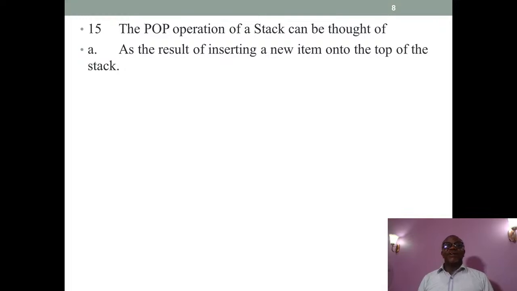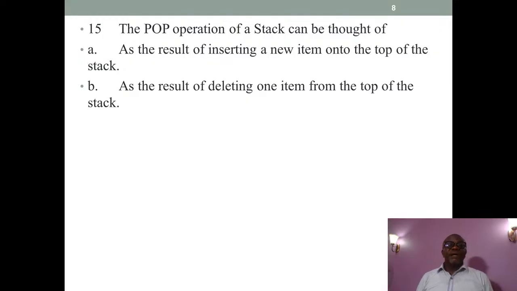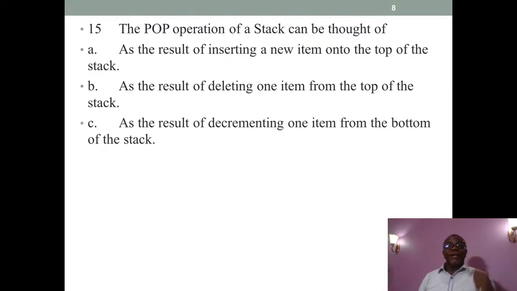Now, the pop operation of a stack can be thought of as a result of inserting a new item on top of the stack. What we said is for push. B, as a result of deleting one item from the top of the stack. You can see that when you remove one, you say you pop up.